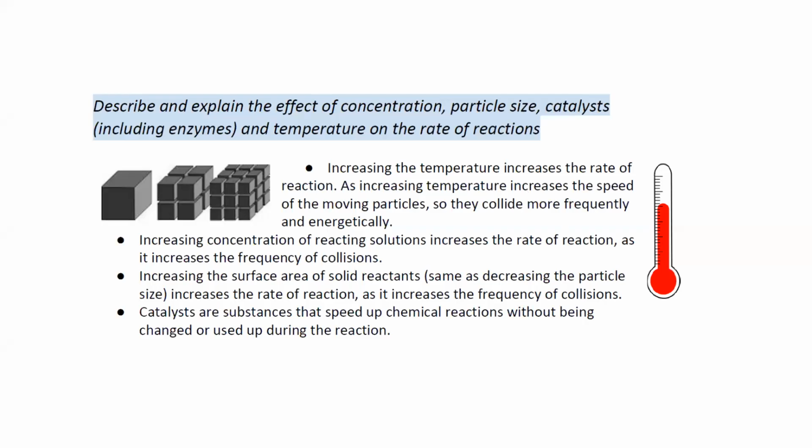So the factors which affect the speed or the rate of the reaction, the first one we were discussing is the concentration, which refers to the amount of particles in a unit space.